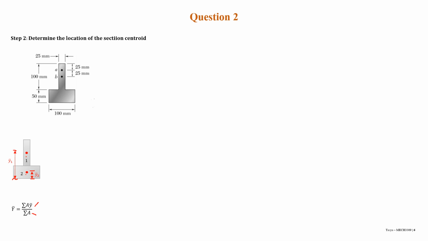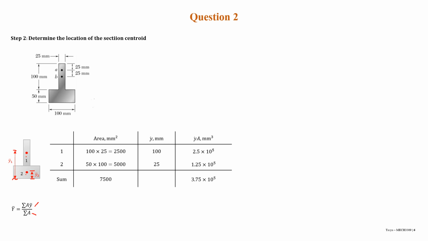To make it easier, we just have to make a table for the area and also the y and the area multiplied by y. For area 1, the height is 100 and the base is 225, so the area will be 22500 and the y measured is 100 millimeter.